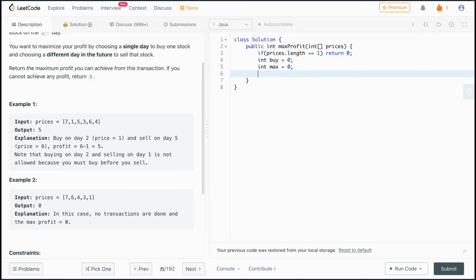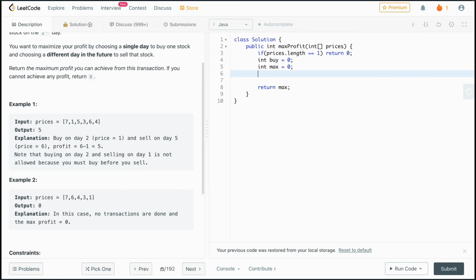So that's also going to be 0. So at the end, if we get a situation like example 2 where it's monotonically decreasing, we can just return our max, which currently is 0. So we don't return a negative number. So at the very least, we are gonna make $0 in profit. So we can just return max at the end.